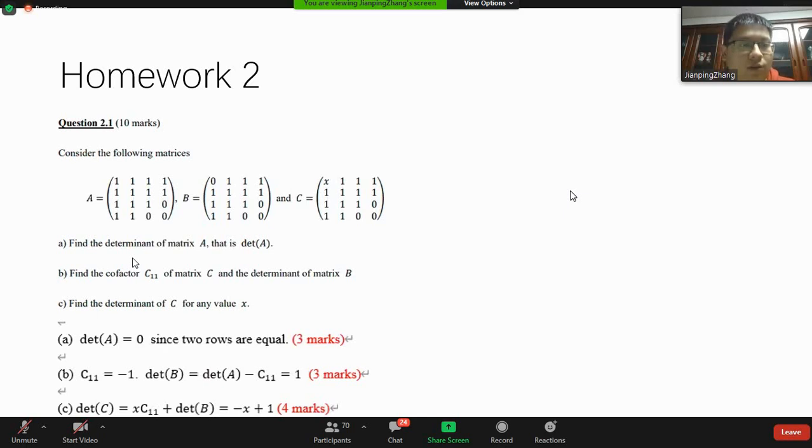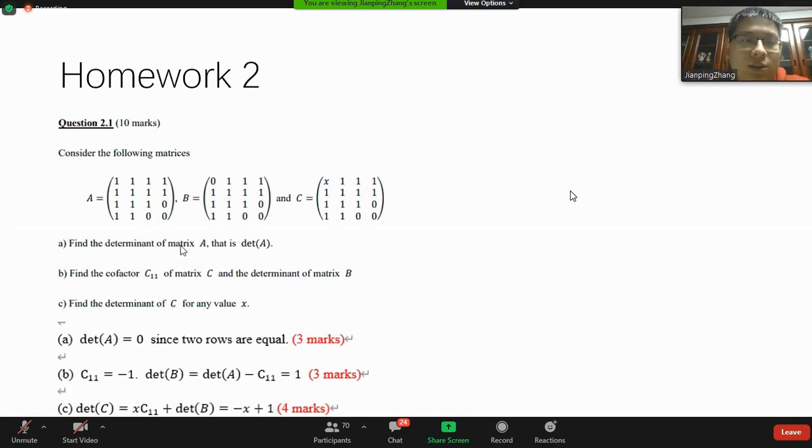For part A, find the determinant of matrix A. You can see that the first row and the second row of A are similar, and if you use the row operation, you may get a zero row. Then you expand on that row, and you get the determinant to be 0. So it's simple to get that the determinant of A is 0.